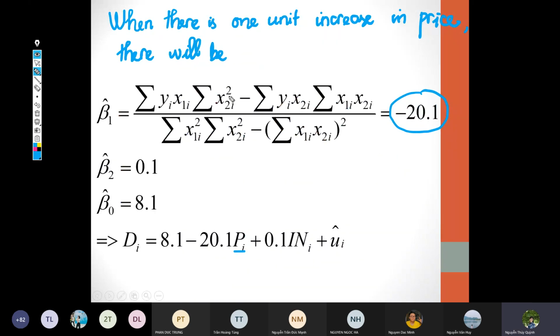There will be a decrease of 20.1 units in demand on average.